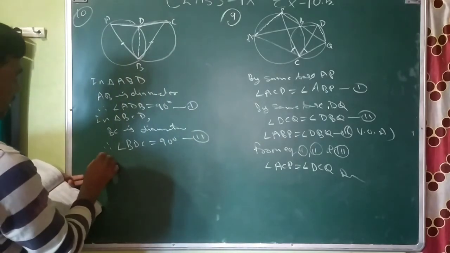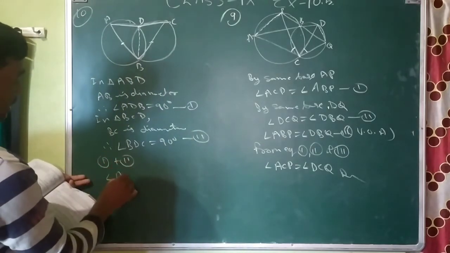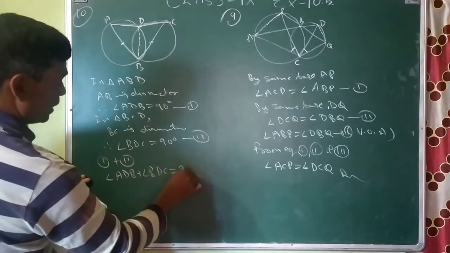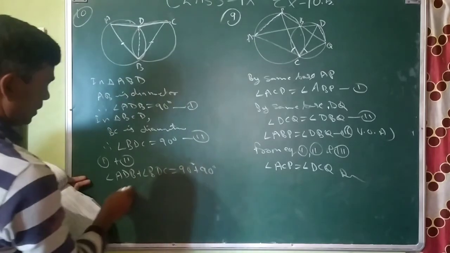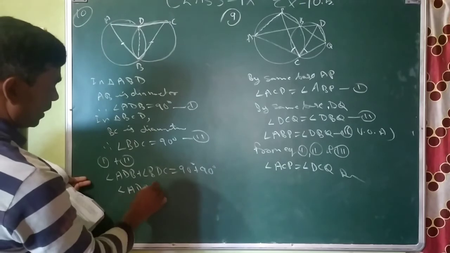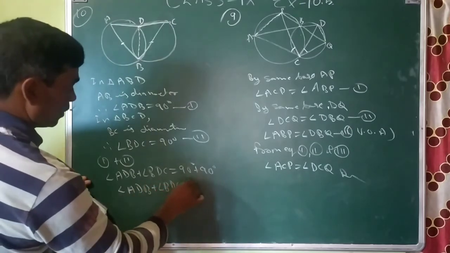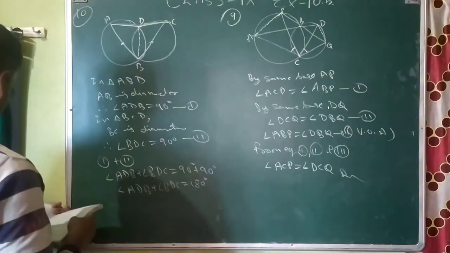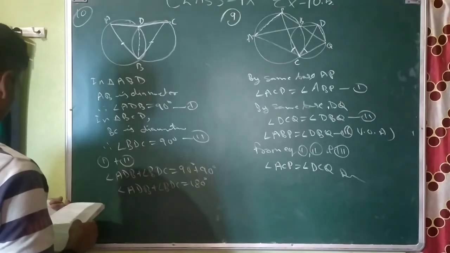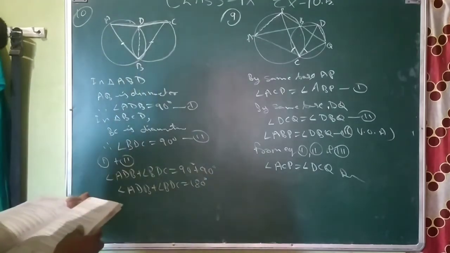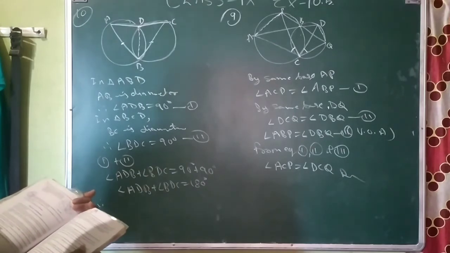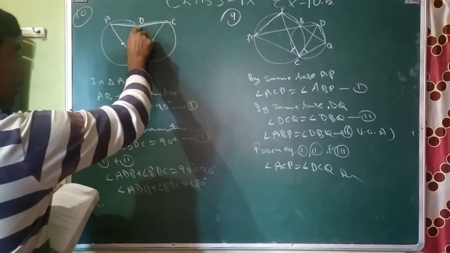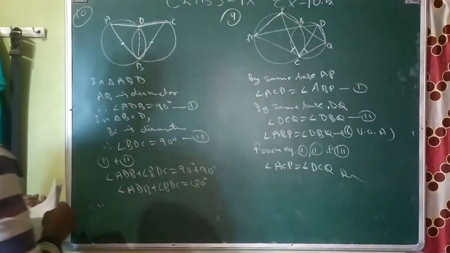So first plus second, angle ADB plus angle BDC is equal to 90 plus 90, that is 180 degrees. It means a straight line. So the third side passes through the point of intersection of these circles.